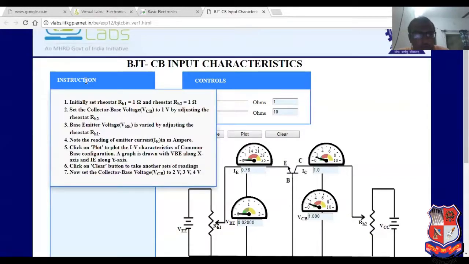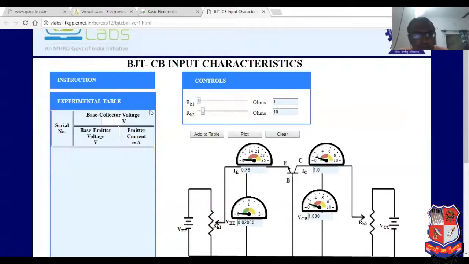Now the base to emitter voltage is varying with respect to rheostat 1. See this, VEB is changed. So what is the input characteristics? It is the plot between VEB and IE. The input current is IE.